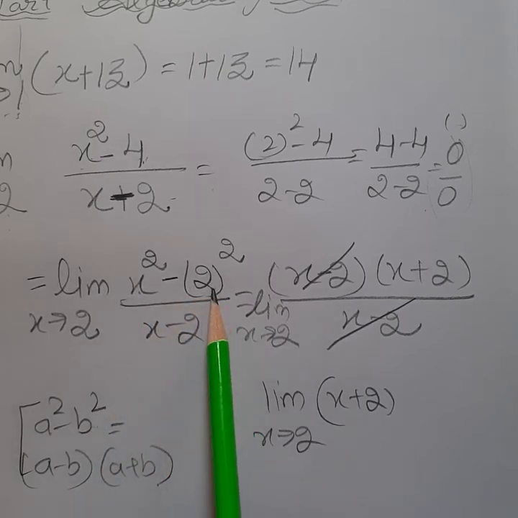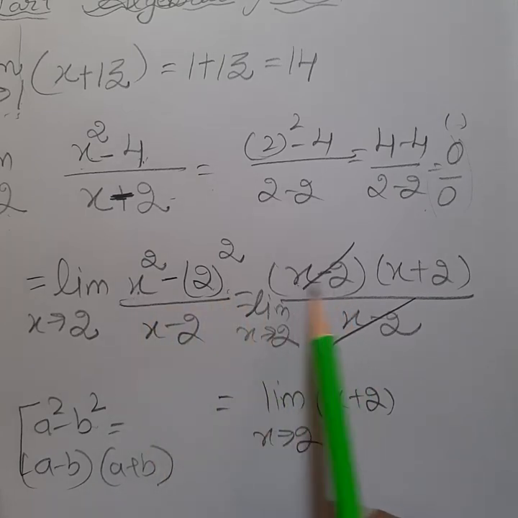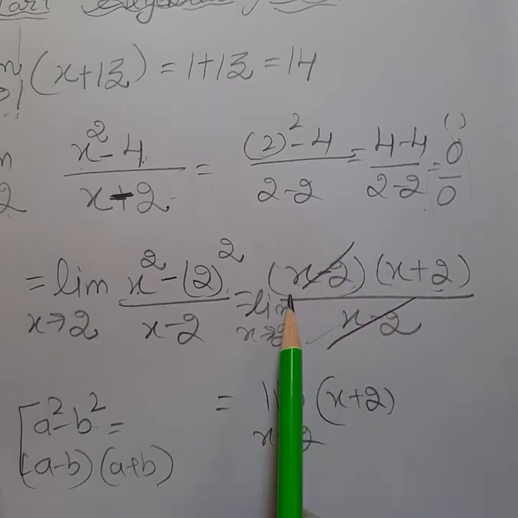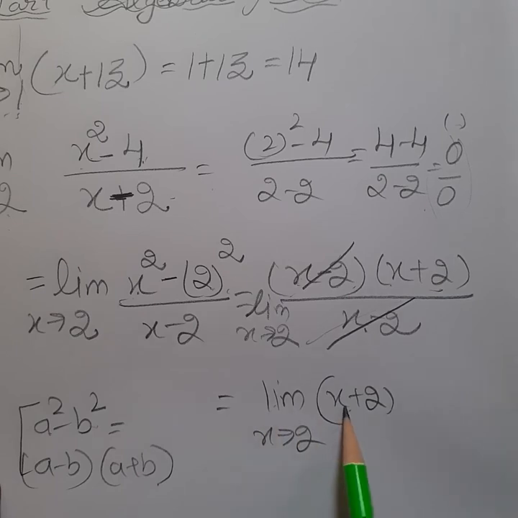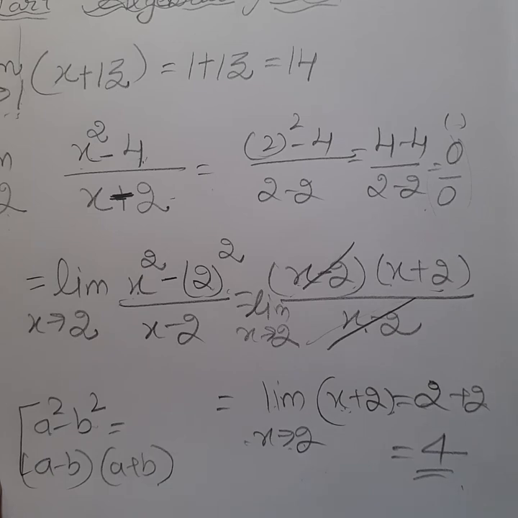By cancelling x minus 2 from the numerator and denominator, you are left with only x plus 2. So after putting the value of x, that is also 2, in 2 plus 2, we get our finite answer, that is equal to 4.